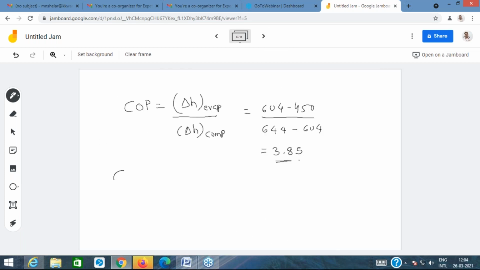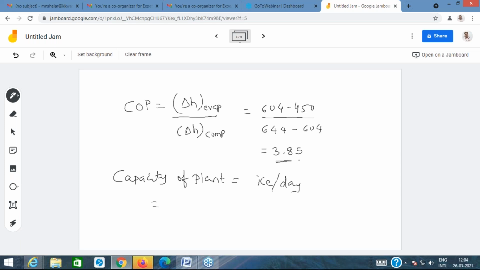If I want to do the capacity calculation, that is how much ice is formed per day, then this is a very interesting calculation. What we need to do is know the quantity of water taken.